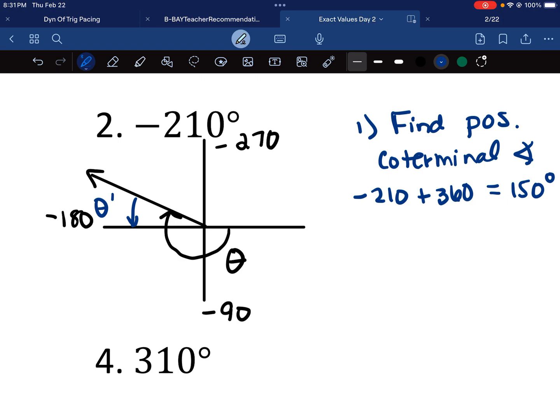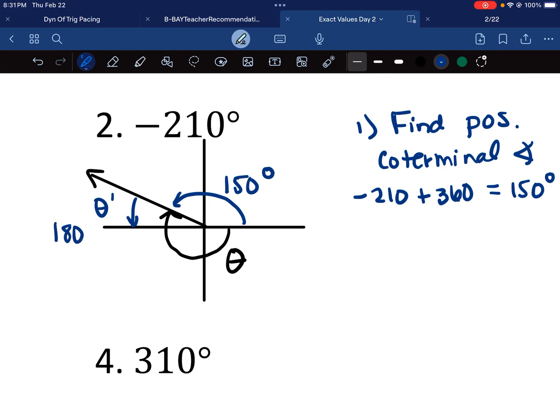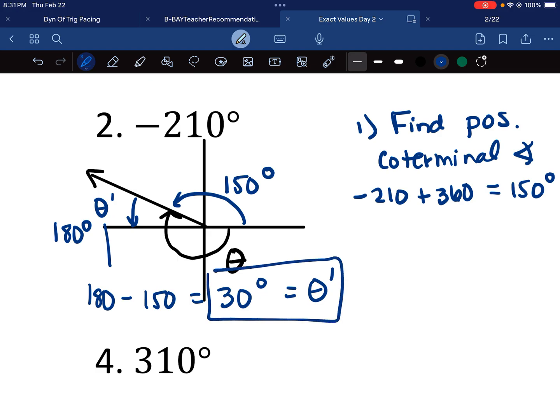The reason we do that is because this math helps us figure out how far away my angle is from the x-axis. If I know this is 150 degrees, and I know that there's 180 degrees on the far left, then to find the reference angle, I have to do 180 minus 150 degrees. So 30 degrees will be my reference angle.